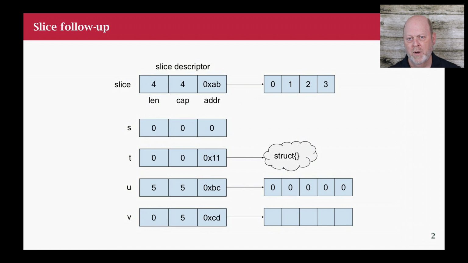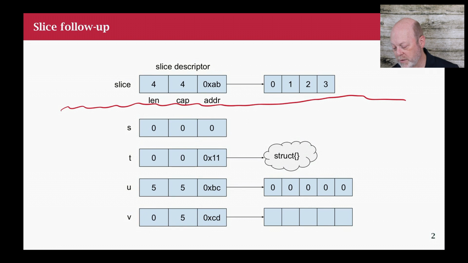So the first picture shows what a slice descriptor looks like for some slice. I'm just going to draw a line here. This slice wasn't in the little program we had, but presumably A is defined as a slice of int with the values 0, 1, 2, and 3.